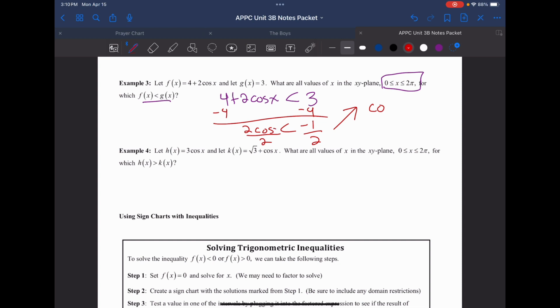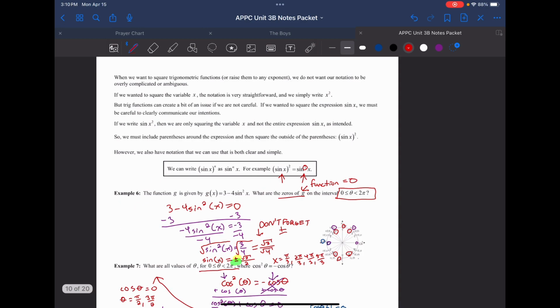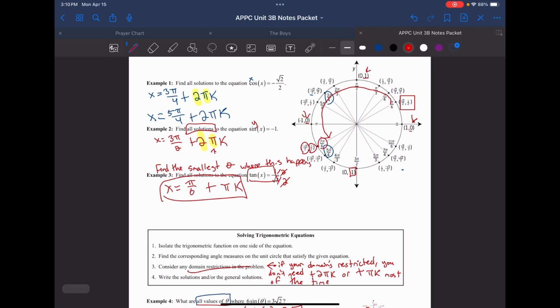And that's going to give me, when is, I forgot my x, when is cosine of x less than negative 1/2? Well, if I paste in my unit circle, let me copy and paste the circle real quick.